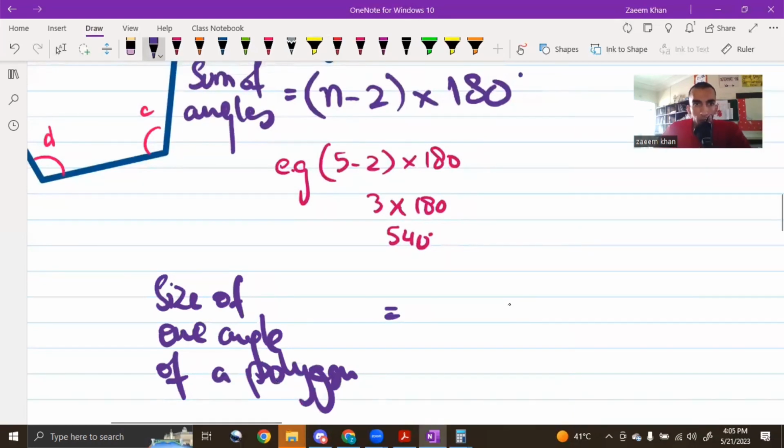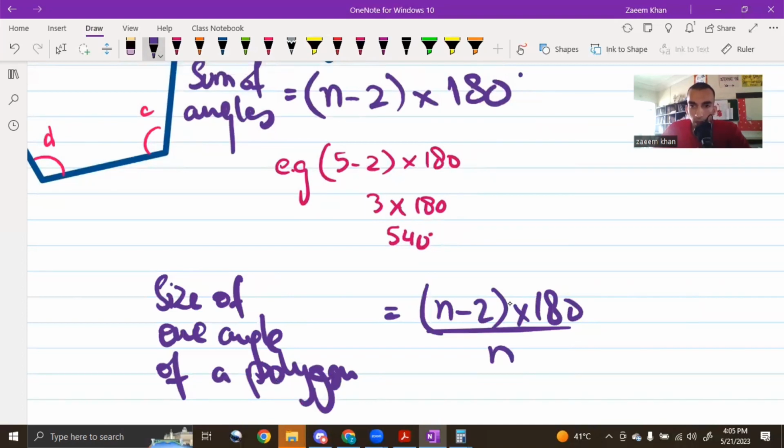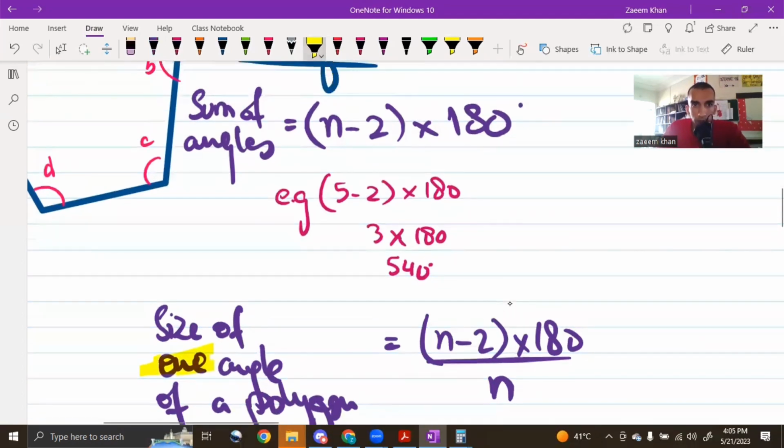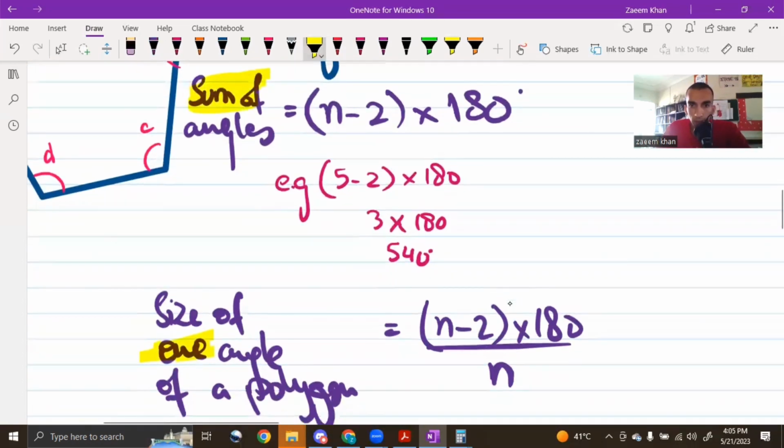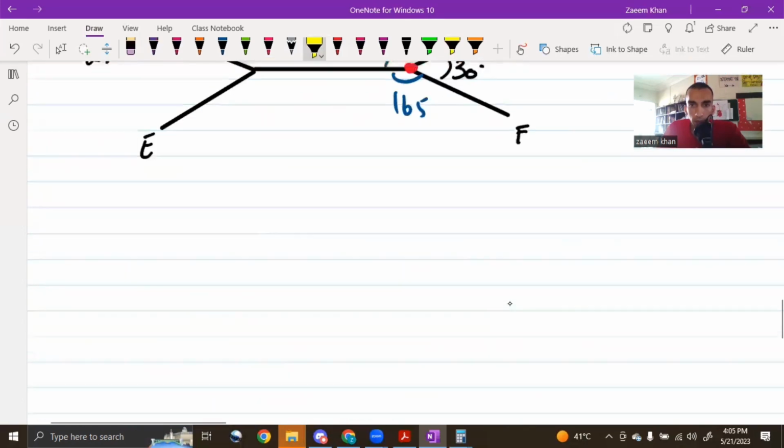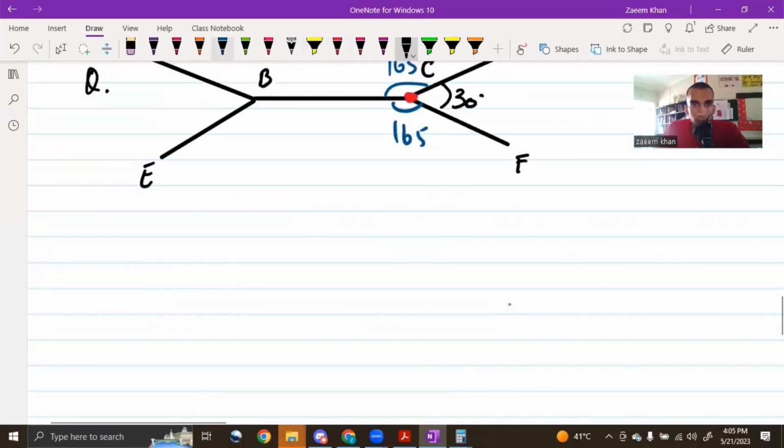I'm going to pick up this formula again and simply divide it by the number of sides. Then I'll just have the size of one angle instead of the sum of all the angles. Okay. So we have the size of one angle that happens to be 165.